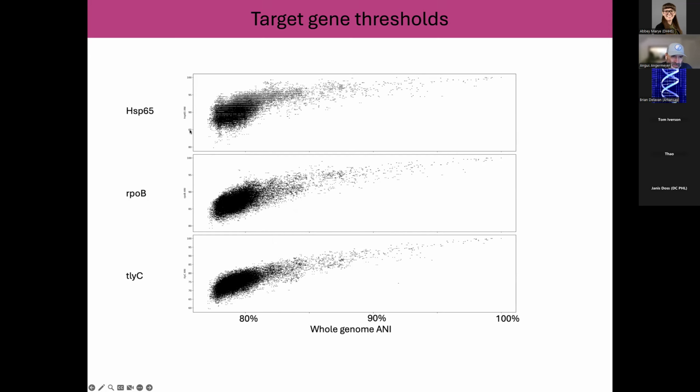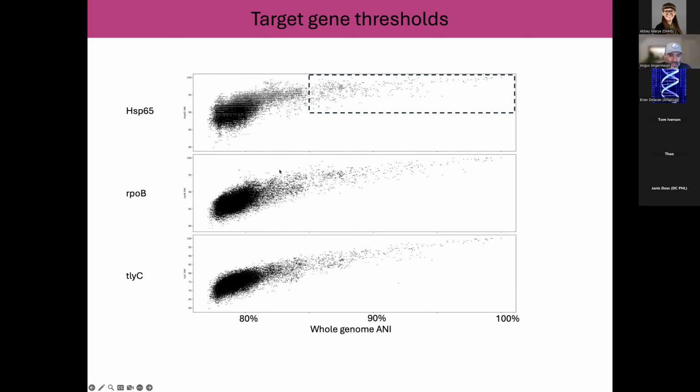And you can see at very low levels, 80% of whole genome ANI, it's just a big diffuse cloud of possible HSP65s, and that's the same for RPOB and tlyC and essentially any gene. But as you get to higher rates of discriminatory power, where you're getting to that 95% threshold, you're seeing it kind of linearize and become something that we can look at a little bit more closely.